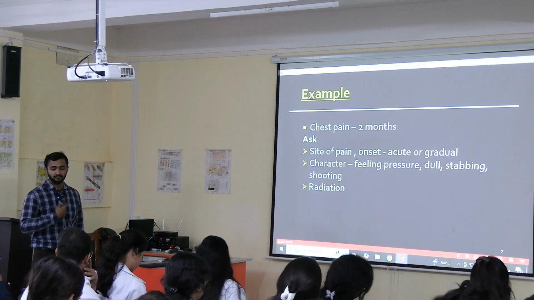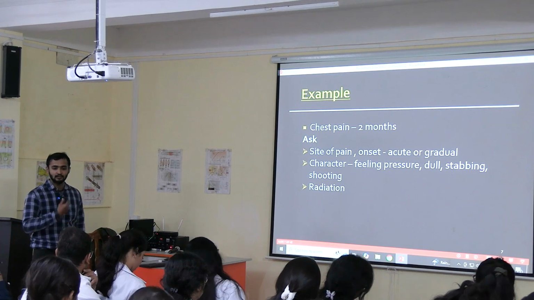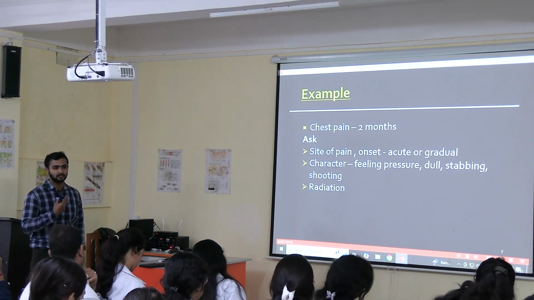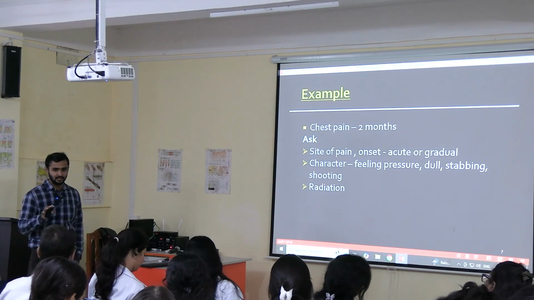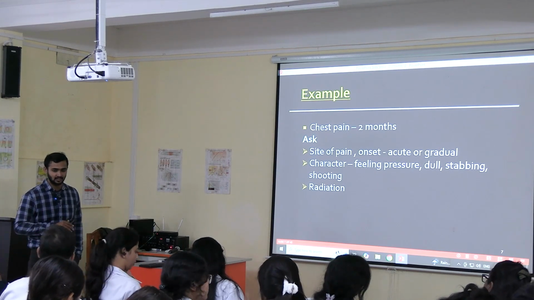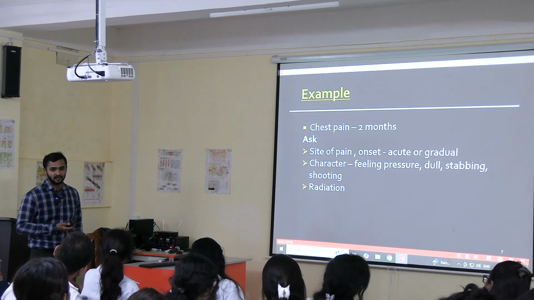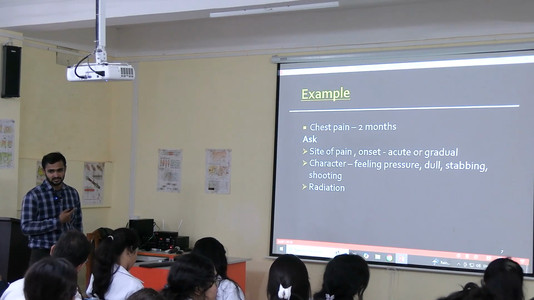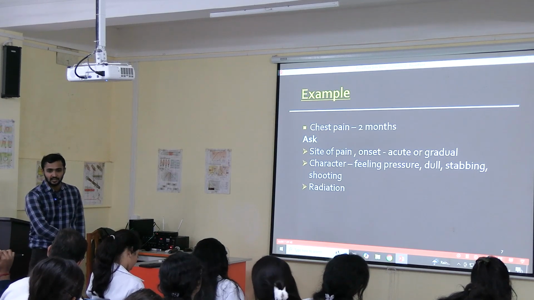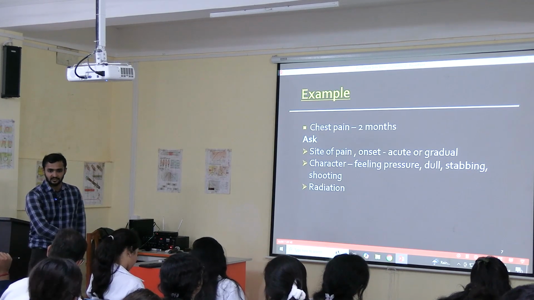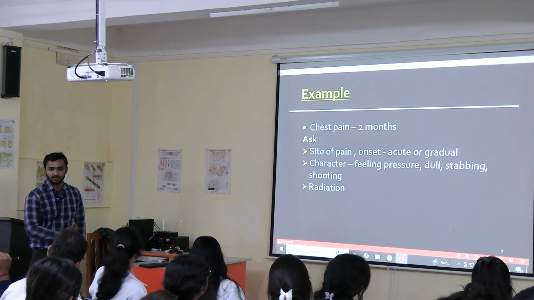As sir said, the pain may be dull pain, heaviness, or it may be stabbing pain or throbbing pain. You have to see this type, how to differentiate between these pain characters. Then R for radiation: where it's radiating, whether towards the limbs, left hand, or towards the back or anywhere.